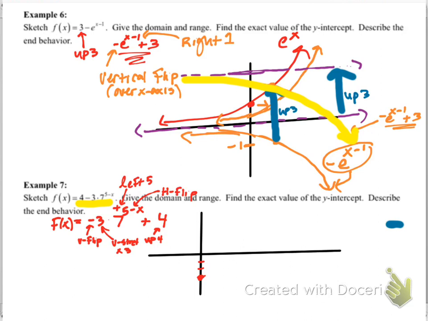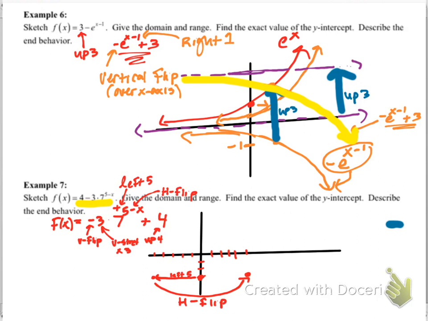Notice that. All right, and then I'm going to take this thing left 5. So the first thing I usually do in an exponential is you want to get that y-intercept placed somehow if you can. And we did with that -3 kind of initial value. Then we went left 5. Now I'm going to apply the horizontal flip to the other side of the y-axis.